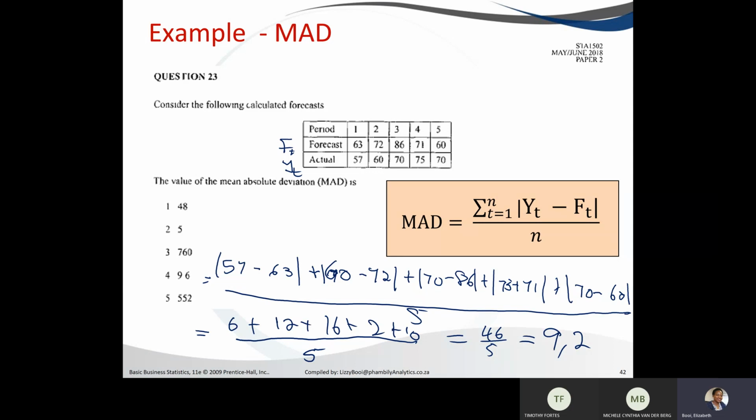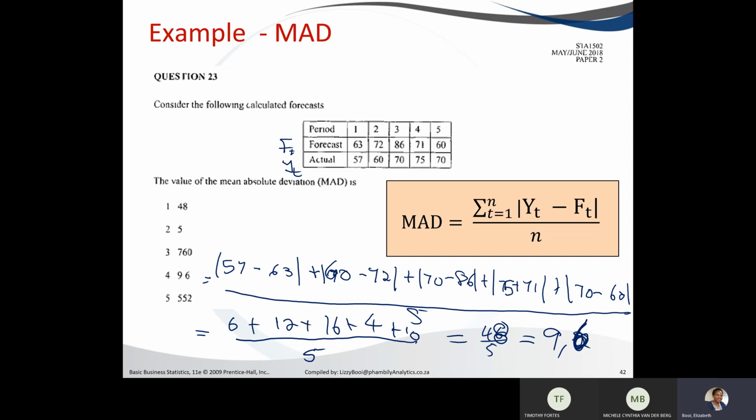Sorry, my bad, I can't even see my handwriting. So that is 75, yes. That is 4, I thought as much. So the total will be 48. 48 divided by 5 is 9.6.